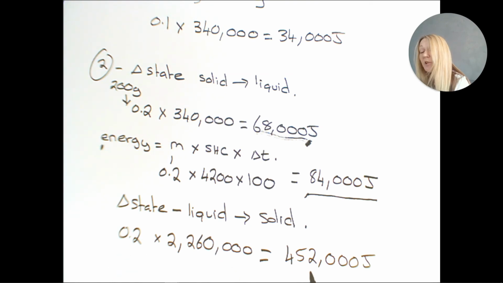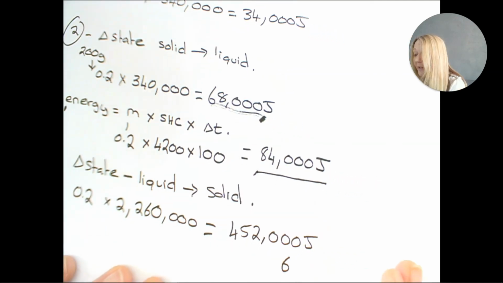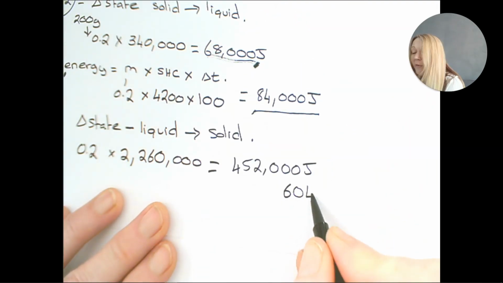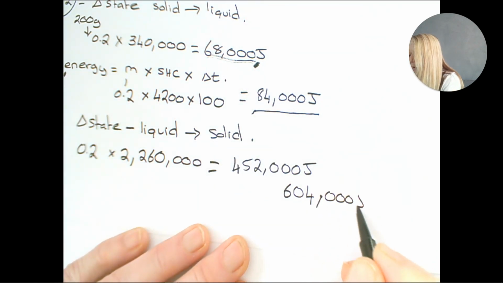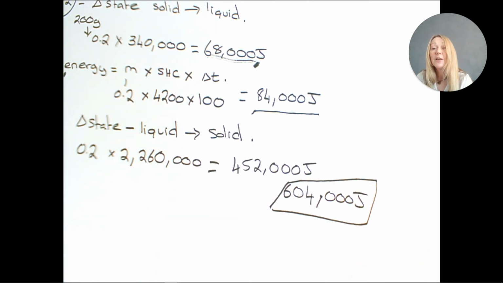So that would be 452,000 joules of energy to change that liquid into steam. We add those three together and we come up with our final answer to the question, which is 604,000 joules of energy. That is the total amount of energy that it's going to take that ice to change its state twice and raise its temperature.